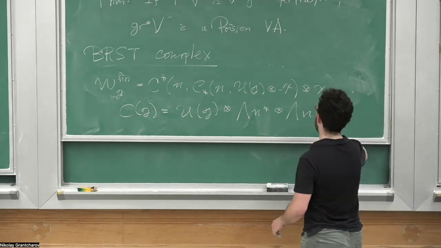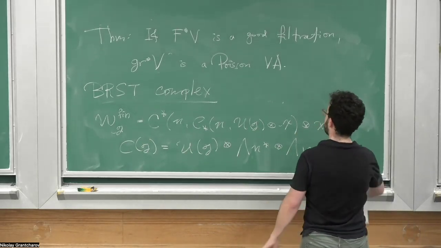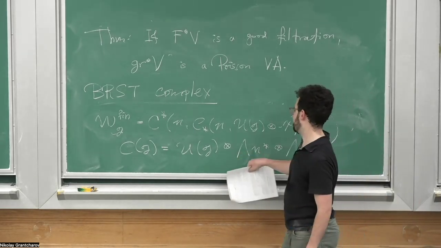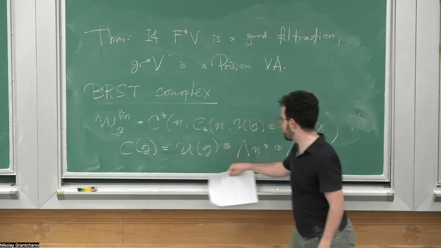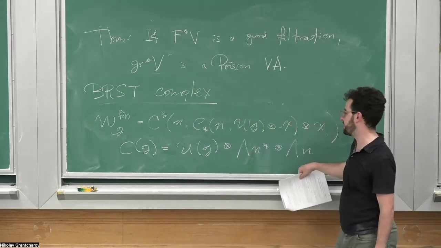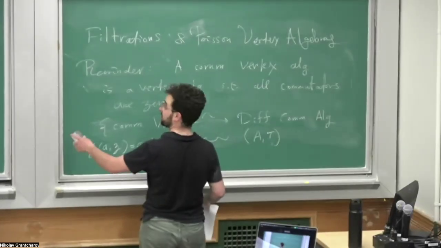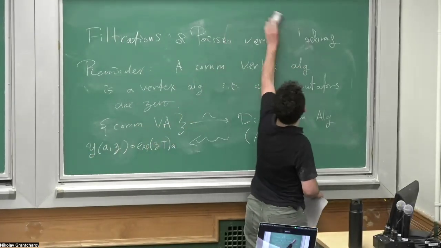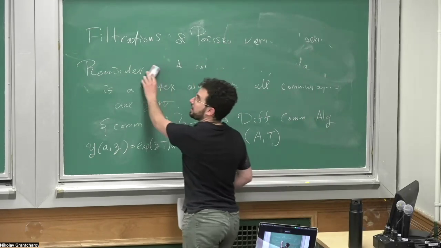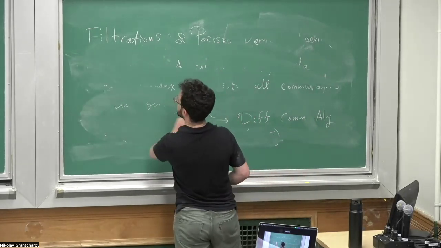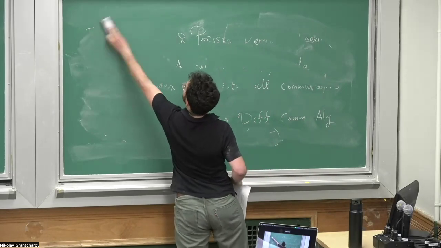And then the insight of the BRST complex is that in this specific double complex, we can describe the differential as the adjoint action of a specific element. That would be useful for us because the adjoint action of an element in a vertex algebra is something we have control over versus just a random differential.